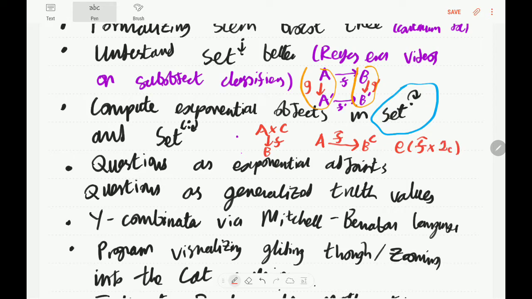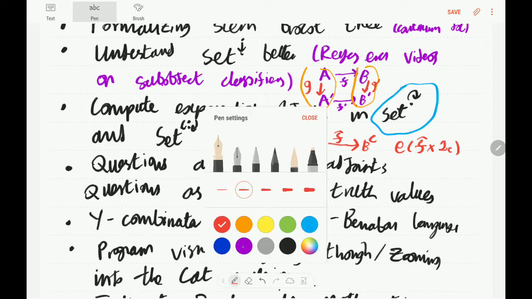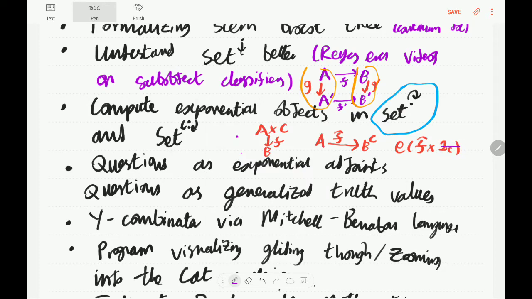Okay, so if we're actually evaluating this, we'd need some kind of input from the C. So this is sort of waiting for an input in some sense. So is that a way we can think about what questions are? Another thing I was thinking about, there's this game, 20 questions, where you just ask yes or no questions.